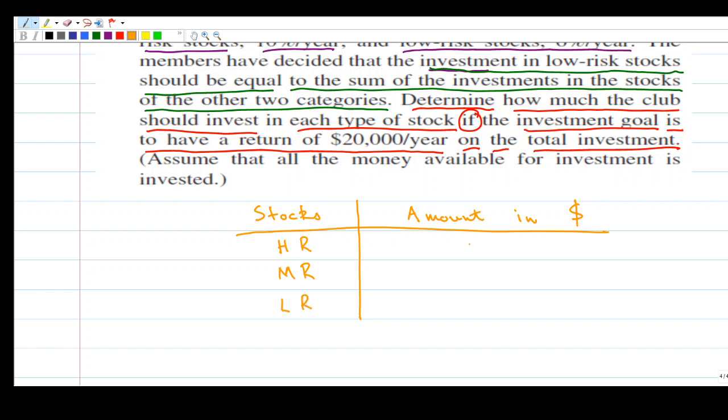We'll let the amount to be invested in each of these stocks in dollars be X, Y, and Z. And we know that the total investment is 200,000.